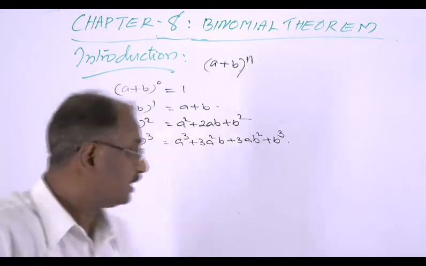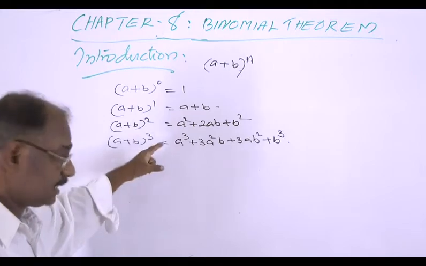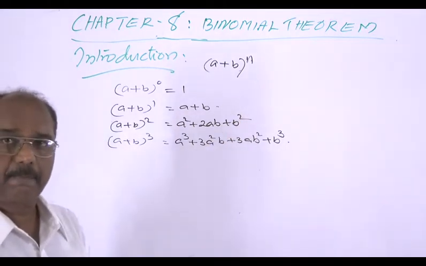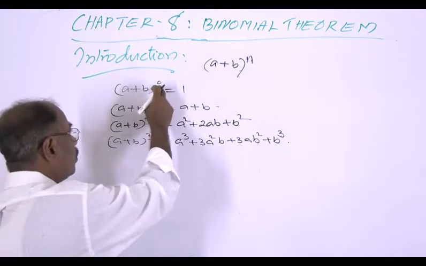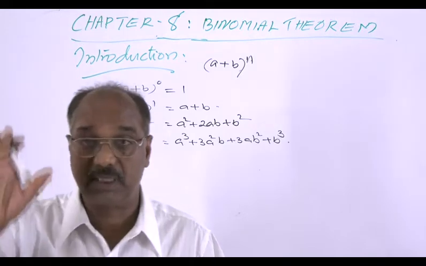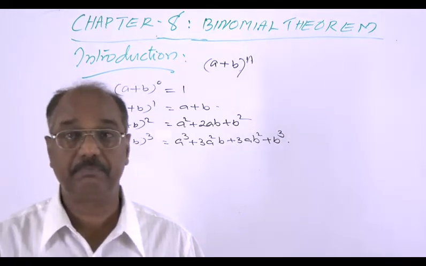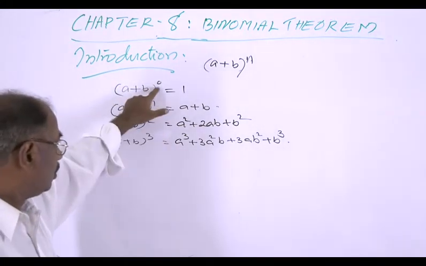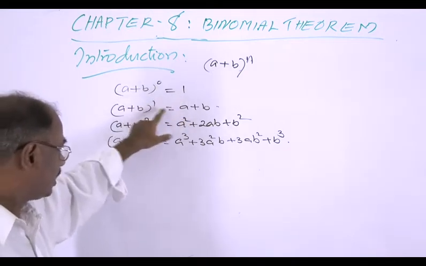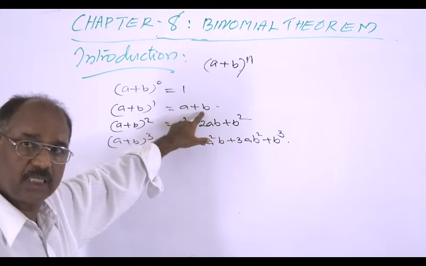Now we can see certain specialities in this expansion. First property: there are n plus 1 terms in the expansion. N equal to 0, so n plus 1, 1 term. N equal to 1, 2 terms.